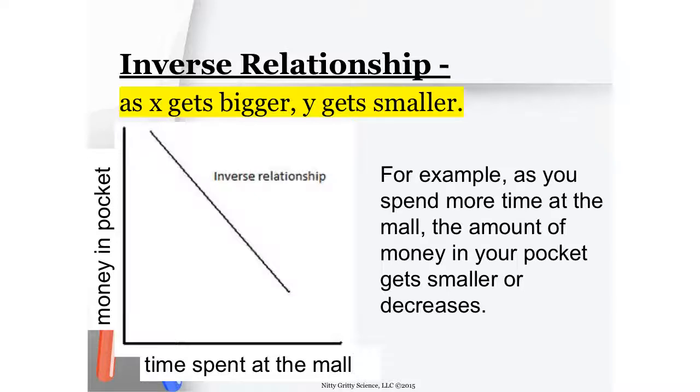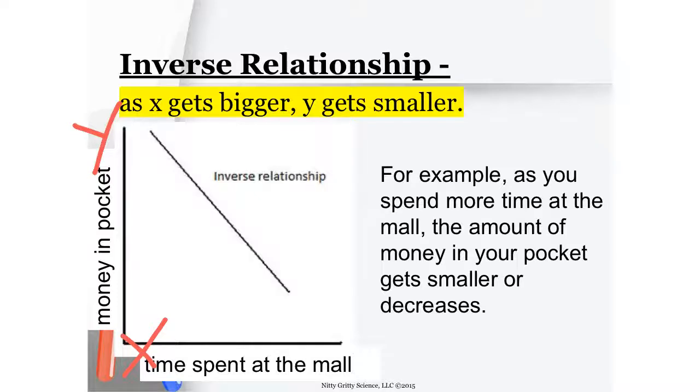So again, x is down here on the bottom axis where the time is spent at the mall, and y is over here on the left-hand side of the graph. That's your money in your pocket, for example. If you have a hard time remembering which is the x and which is the y-axis, I always remember the x is low, the y is high. Those two things rhyme, and that might help you to remember.